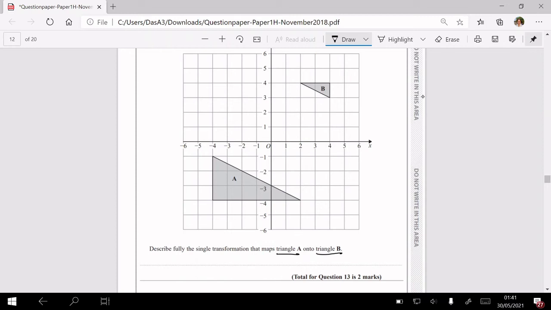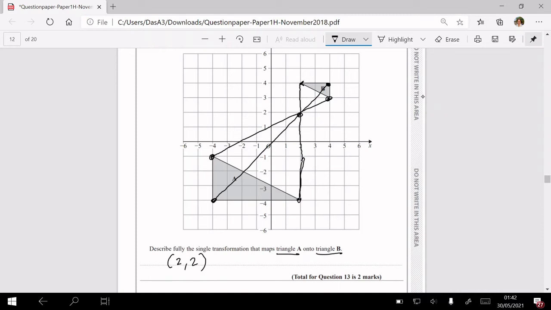So what you do to first find the center of enlargement is connect the respective points on both shapes. So these ones, these, and these, and where they all intersect is your center of enlargement. In this case, the center of enlargement is (2, 2), and now you need to figure out the factor.